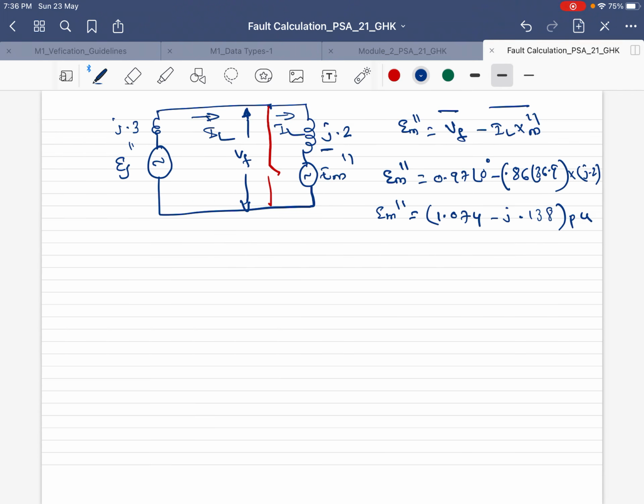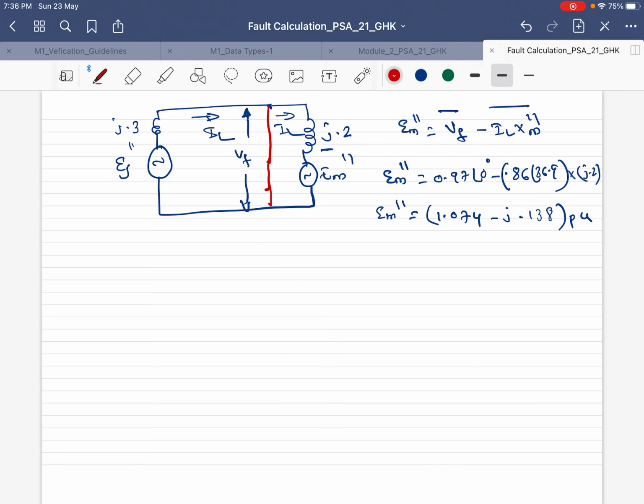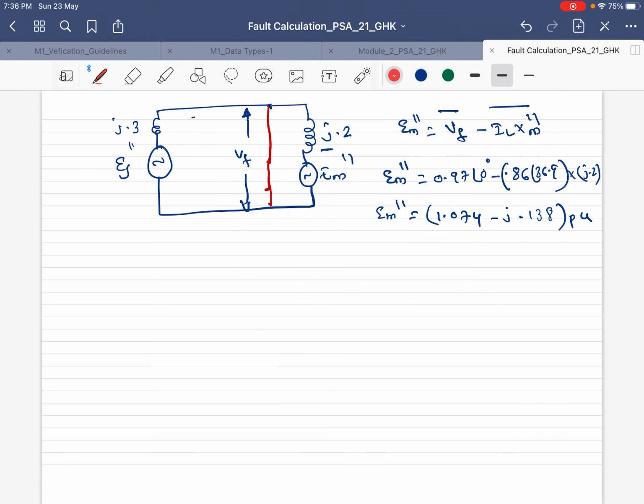Then what we are interested in is, when this switch is closed, short circuited, then the current contributed from the motor is IM double dash. When it is short circuited, the current here is IM double dash.